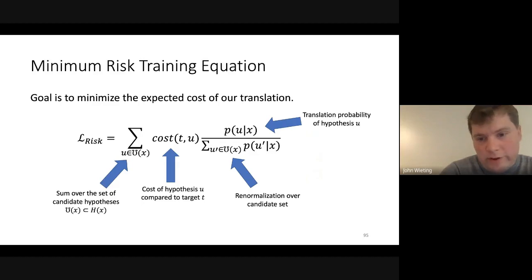Essentially, you're sampling many hypotheses at once, and then you're renormalizing their probabilities to create your expectation. Then you can backprop through this expectation, because these probabilities are all differentiable.